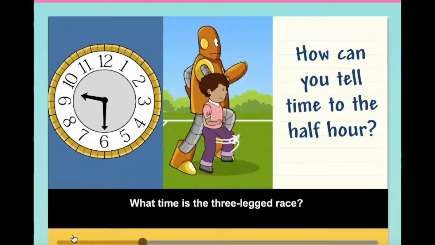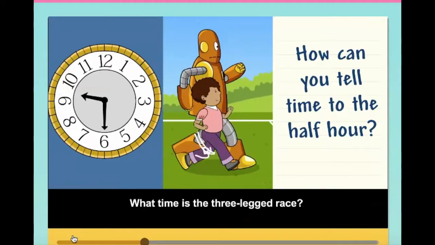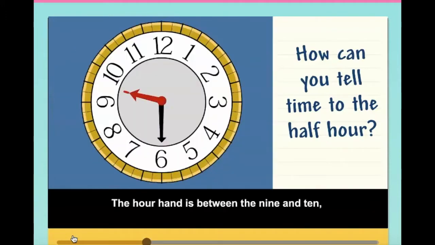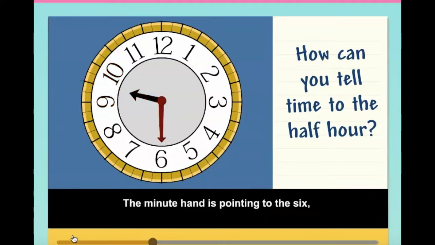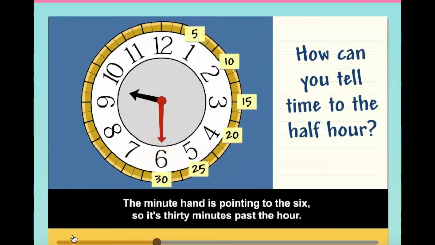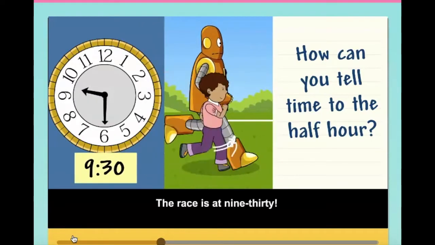What time is the 3-legged race? The hour hand is between the 9 and 10, so it's halfway between 9 and 10 o'clock. The minute hand is pointing to the 6, so it's 30 minutes past the hour. The race is at 9:30.